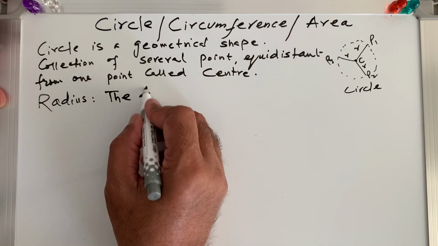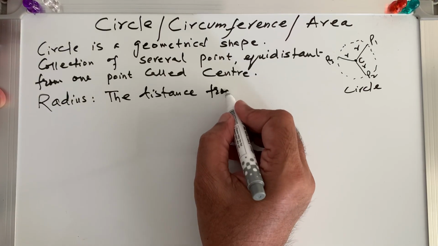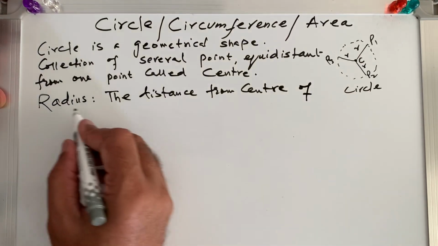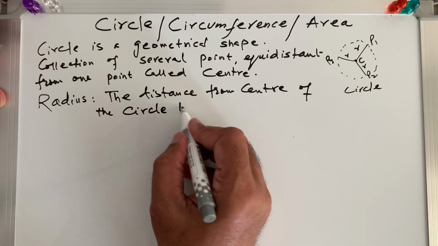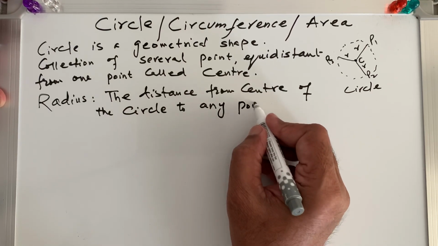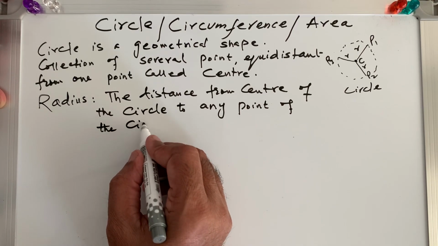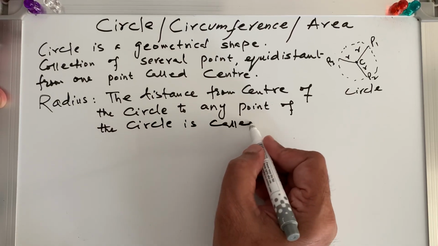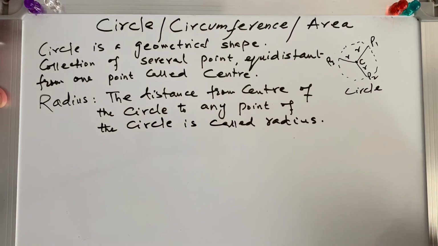The distance from center of the circle to any point of the circle is called radius. So we have the definition of circle.